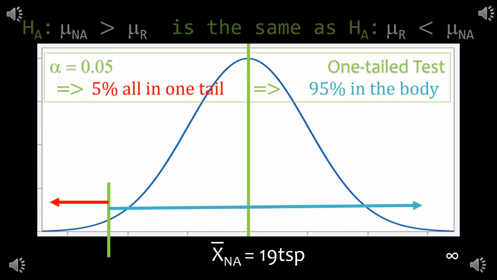Because alpha is 0.05, we know that 5% of this distribution is going to be in the tail beyond the cut, and 95% of this distribution will be in the body. Z critical for a one-tailed test is 1.65, and because it's to the left, it's a minus 1.65.